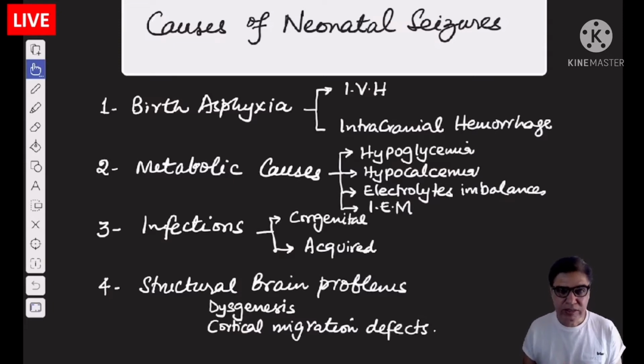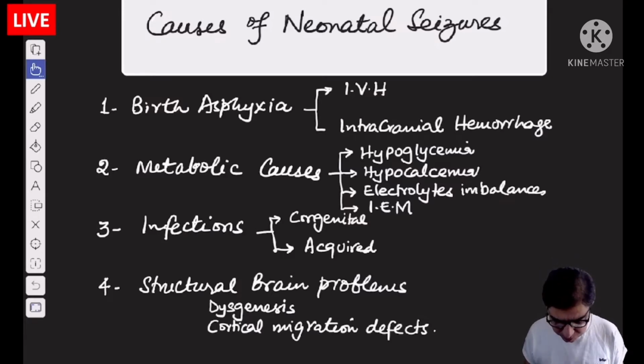They usually lead to two types of events. In premature newborns, it usually leads to intraventricular hemorrhage, IVH, and there are different grades of intraventricular hemorrhage, graded from grade 1 to grade 4. I would come to that later on. But intraventricular hemorrhage is one of the most common complications of birth asphyxia in preterm neonates, and that usually presents with neonatal seizures.